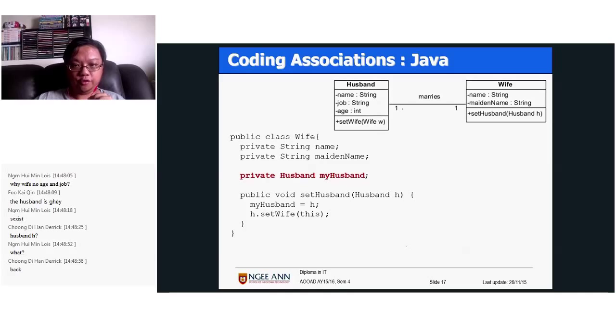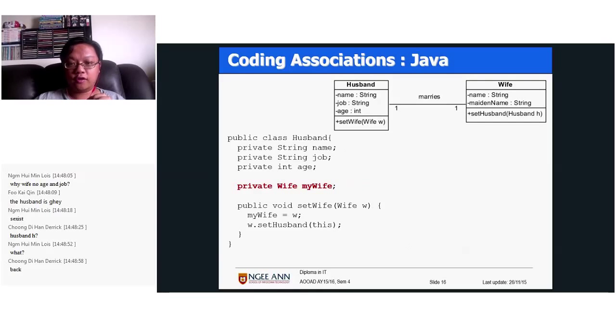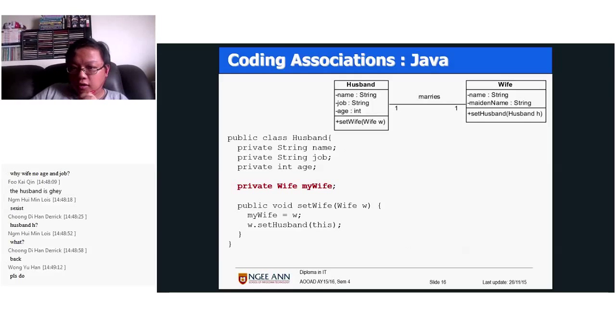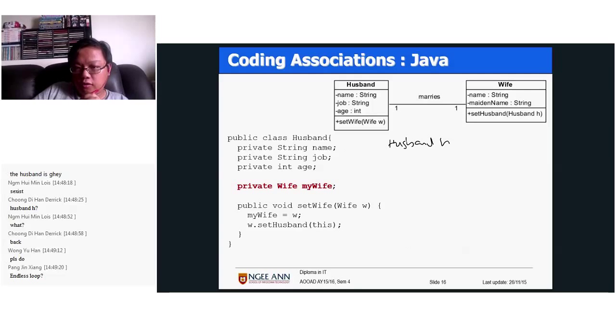Suppose I have created an object of type Husband, let's call it H, and then I've created an object of type Wife, let's call it W. Let me actually write it down. Hold on. Suppose I do Husband H equals new Husband.